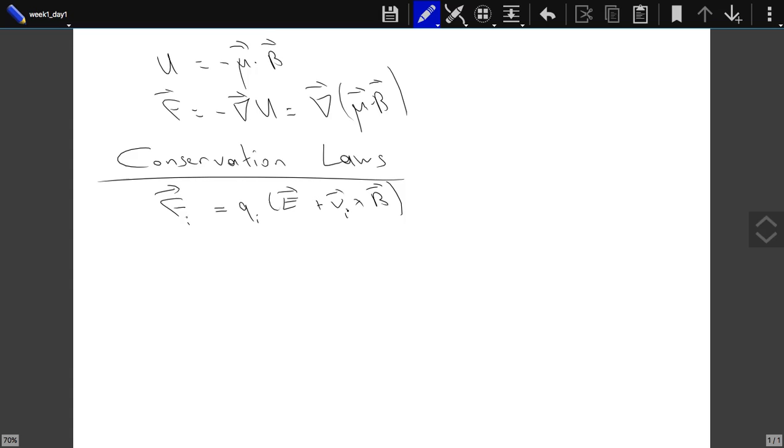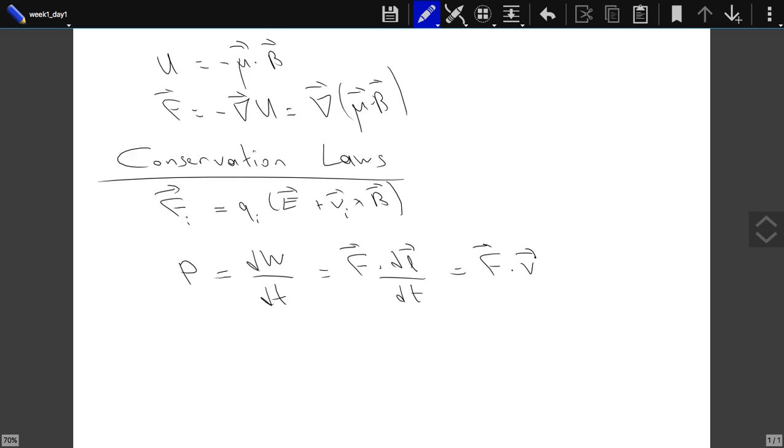And the power that this force applies on our charged object, if you remember, power is the work done per unit time, and the work done is just F dot dl under a very small displacement. If you divide it by dt, this is F dot v.